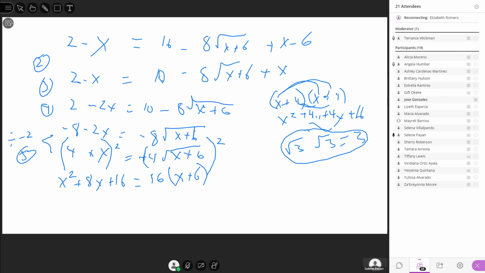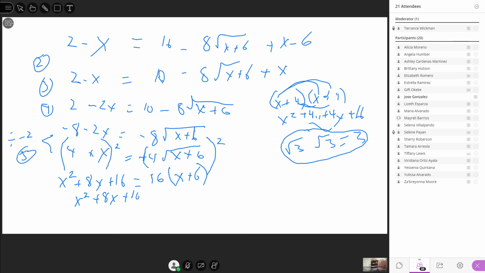Yes. So we have x squared plus 8x plus 16 equals 16x plus 16 times 6 is 96. Now, to solve this problem, I have only 2 steps left. I want to get everything equal to 0 and all my x's on one side.